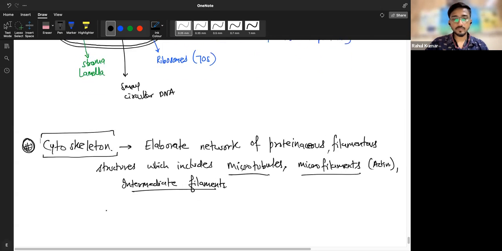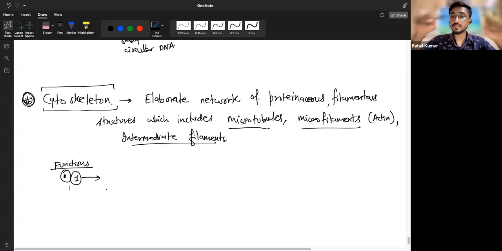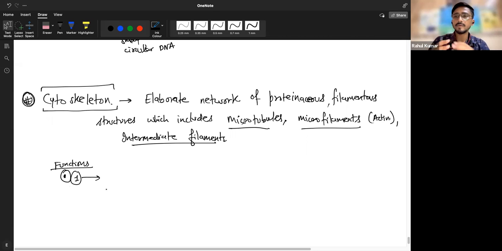Now write down what is the function, what is the need of this. The first is to provide mechanical support from within the cell. From outside, it is the cell wall that provides mechanical support, right? If pressure comes from outside, the first thing is the cell wall. But in a human cell, an animal cell also, there is some sort of shape.